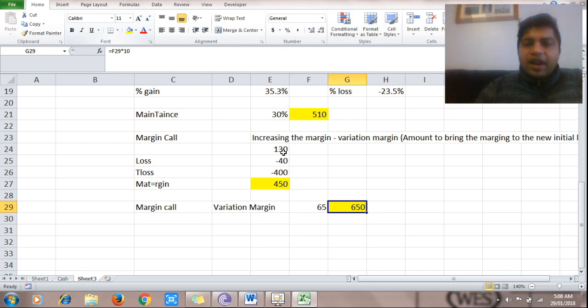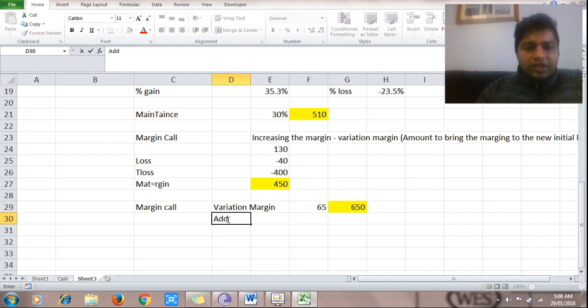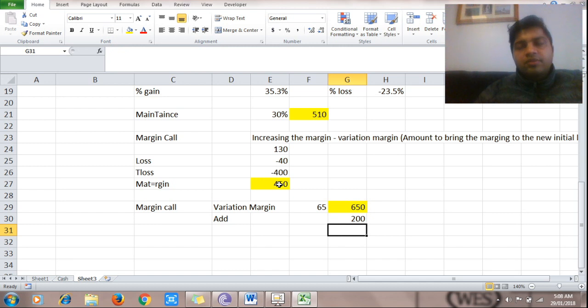So you have to have $650 now to remain in the trade, but you have only 450. So how much additional money you have to put in? That is called as a variation margin. Additional money you have to key in is 650 minus 450, $200. So if you put in $200, the broker or the dealer will allow you to trade, otherwise he will close the deal. Okay.